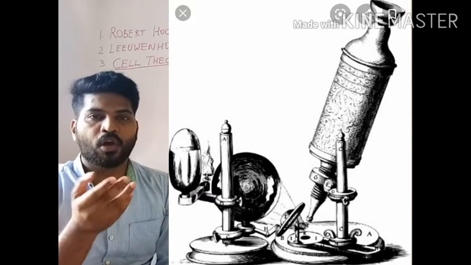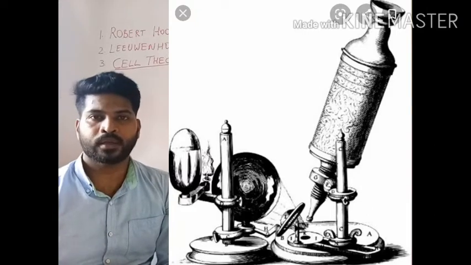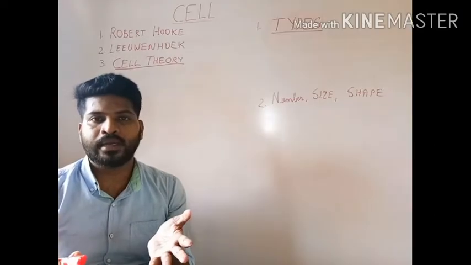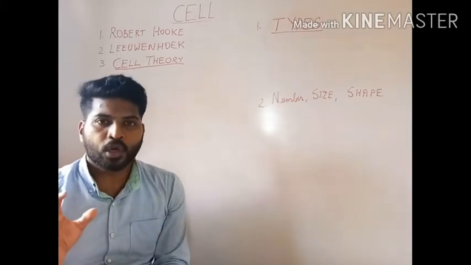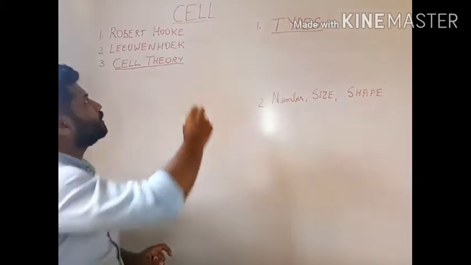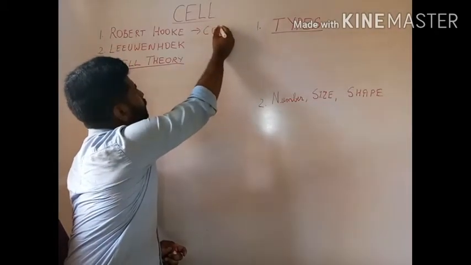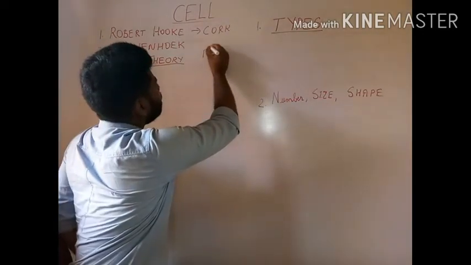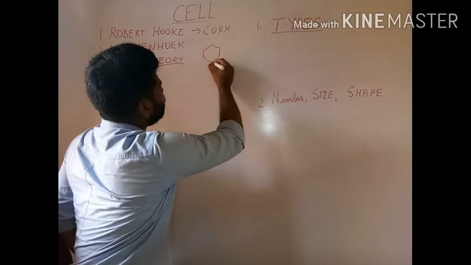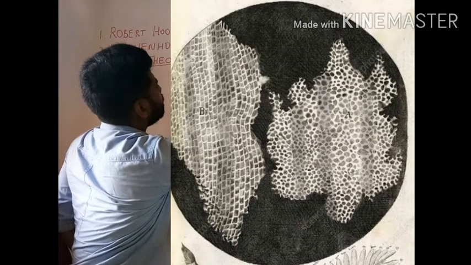He observed a thin slice of cork under the microscope that he had prepared. It basically contains dead tissues. It is not alive. When Robert Hooke observed the piece of cork under the microscope, he saw that there were honeycomb-like structures present.